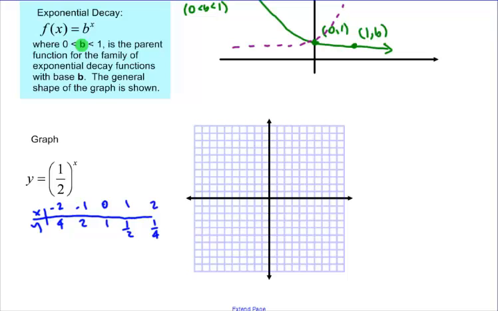And then just plot these guys out. So at -2, I'm at 4. At -1, I'm at 2. At 0, I'm at 1. At 1, I'm at 1/2, and at 2, I'm at 1/4. And so here is my graph. If we look at this guy, the domain goes from -infinity to +infinity.